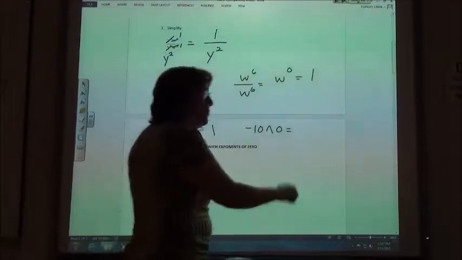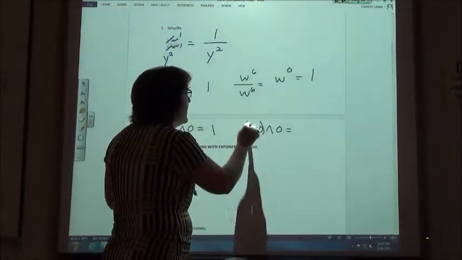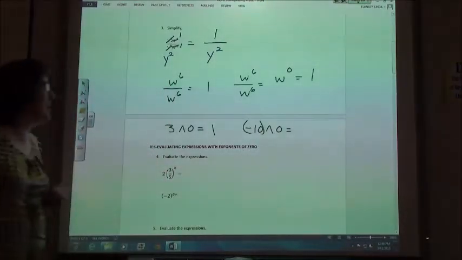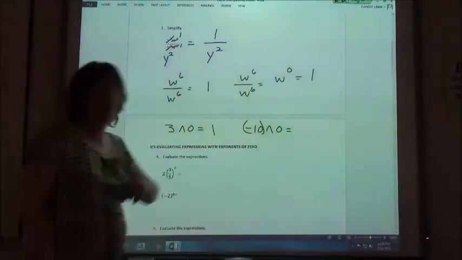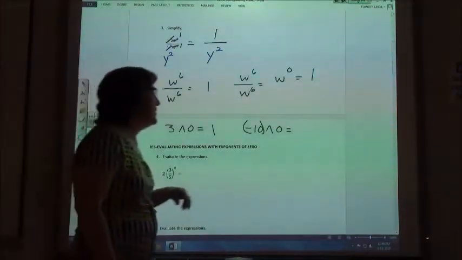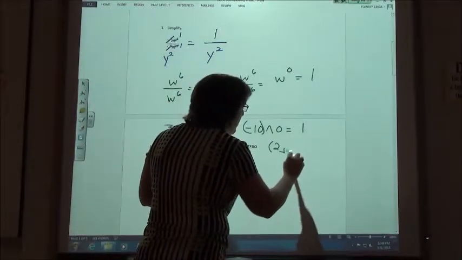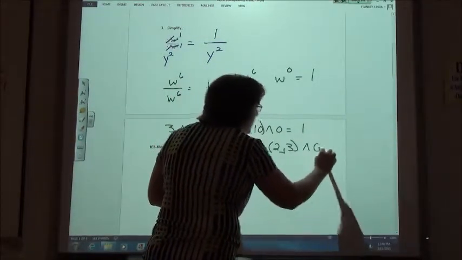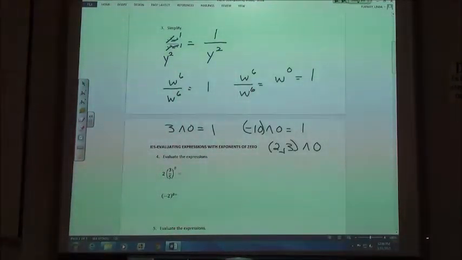Negative 1. Whoops. We probably have to do this to make it go right. If we got negative 1, we don't want negative 1. We better put parentheses around it. Negative 10 in parentheses caret 0 equals 1. There we go. Probably the same thing with a fraction. We probably better put the parentheses around it. If you do 2/3 to the 0 power, put your 2/3 in parentheses, what do you get?